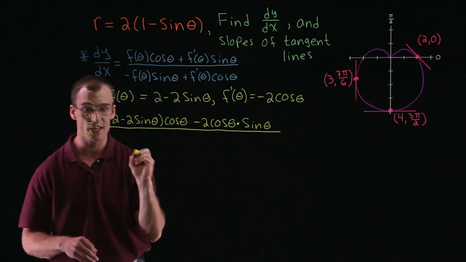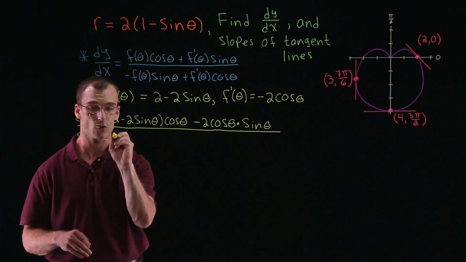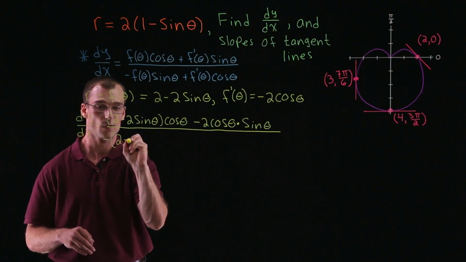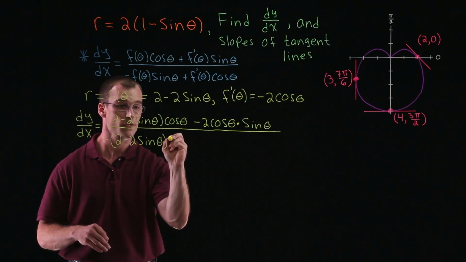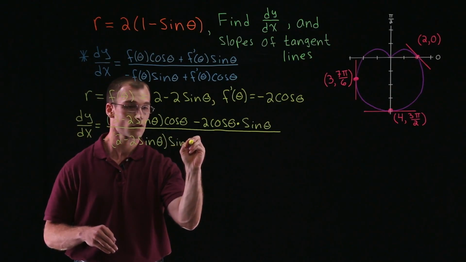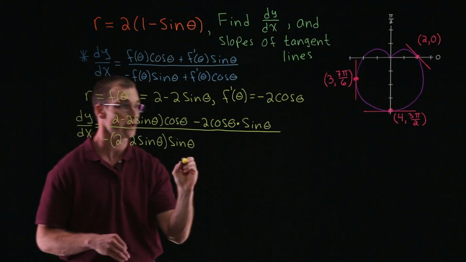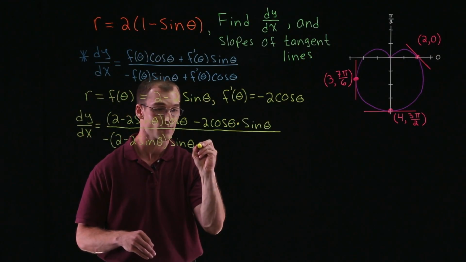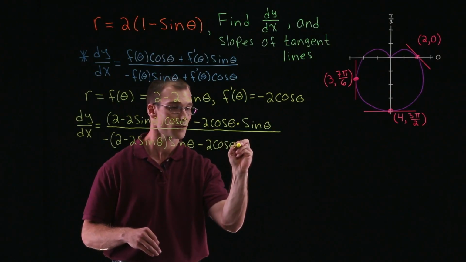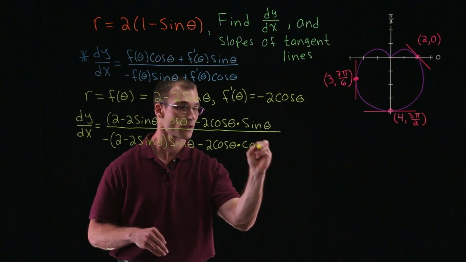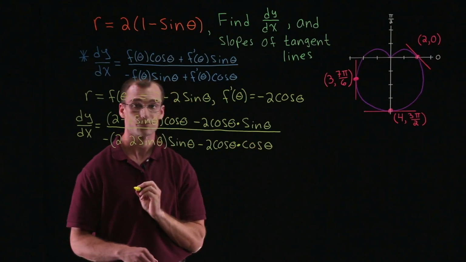And then on the denominator, minus f of theta, so minus our quantity 2 minus 2 sine theta times sine theta, again plus f prime, or plus negative 2 cosine, so minus 2 cosine theta times cosine theta.